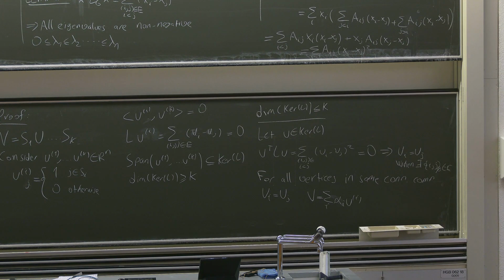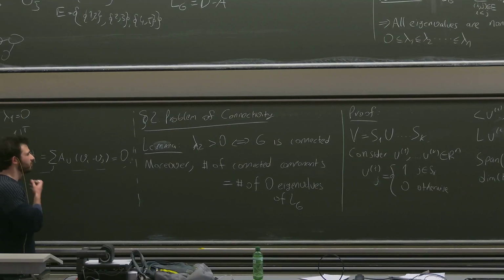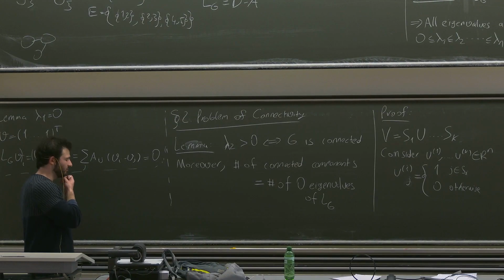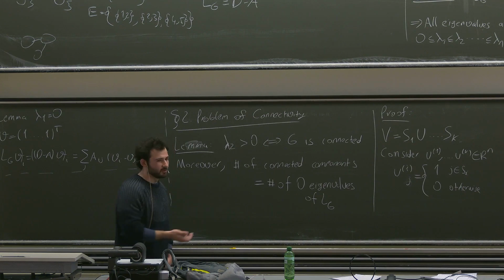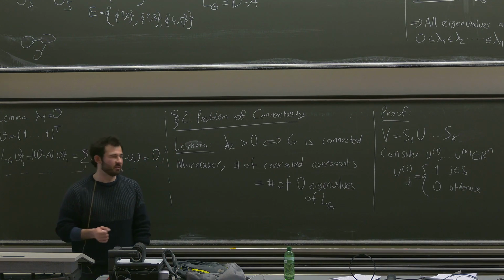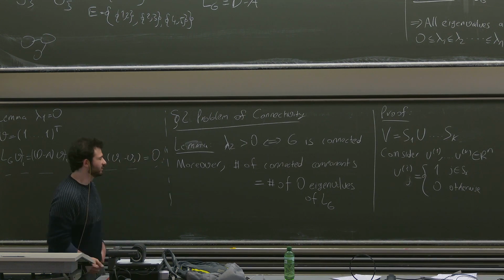Okay. So this was the main lemma. So this gives us an algorithm immediately, as I mentioned. And people who come from a computer science background might want to say, okay, why did we do all of this? We could just run DFS or BFS and find the number of connected components. Why did you take us through all this math? And you would be right.